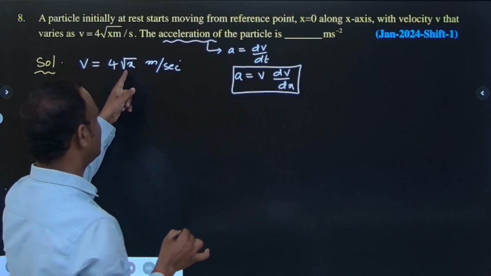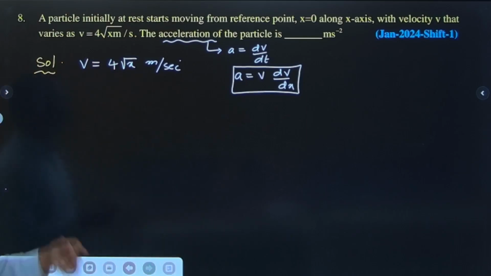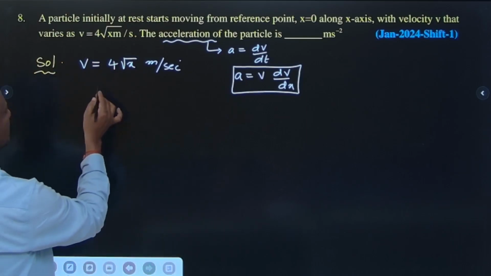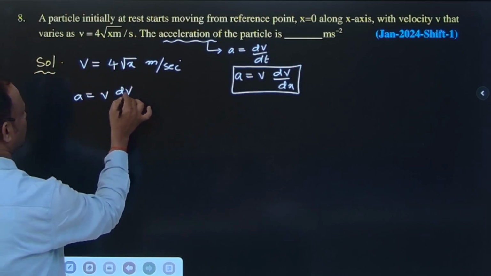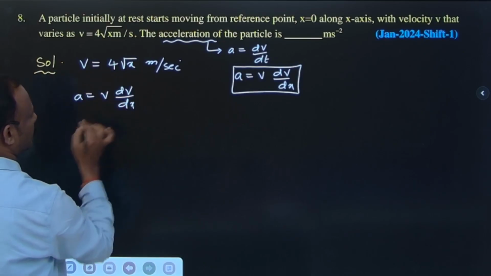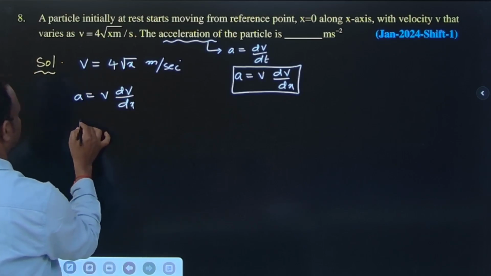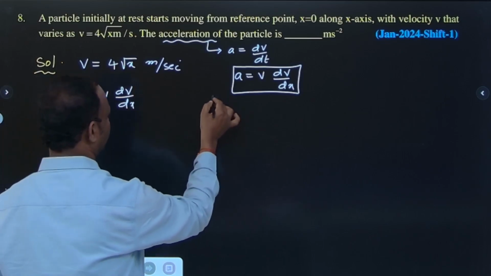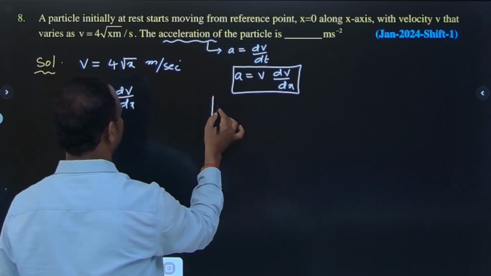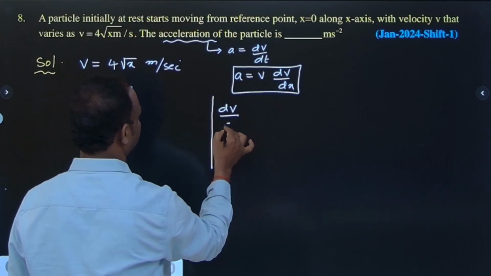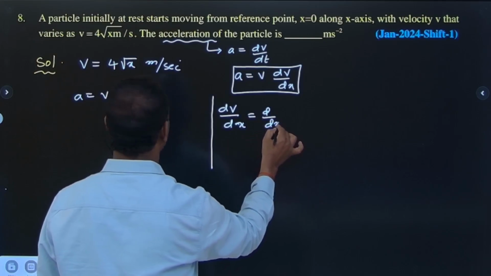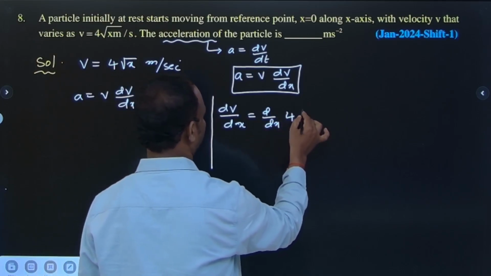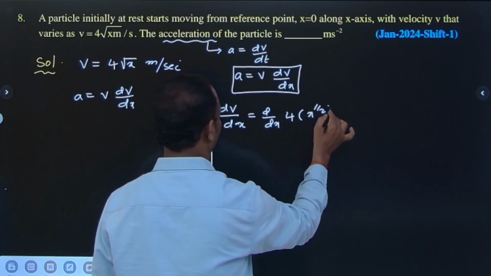So our question is as a function of position. So a is equal to, I'm writing, v into dv by dx. First a as it is I'm writing, otherwise you can find what dv by dx is. But dv by dx is equal to d by dx of 4 into x power 1 by 2.